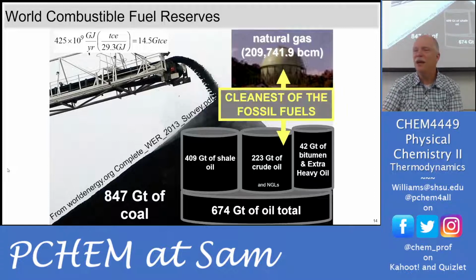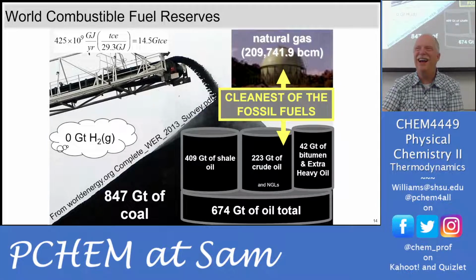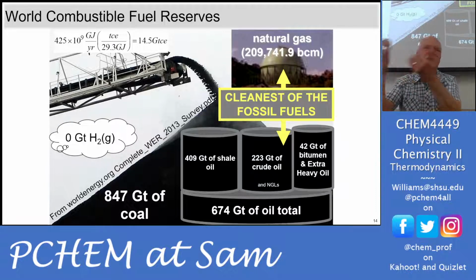How much hydrogen do we have? Okay, 0. So hydrogen is really a storage medium. We don't get hydrogen out of the ground. We don't pull hydrogen out of the air. We have an oxidizing atmosphere. So the hydrogen economy is not realistic. I mean, we have to make energy and store it in hydrogen, and then we can use it.